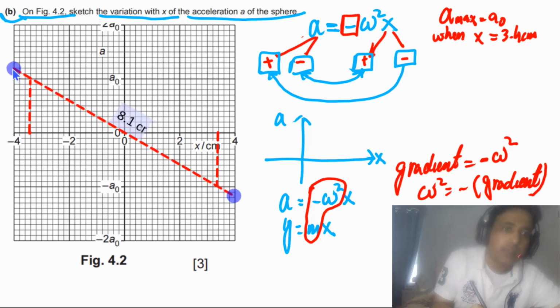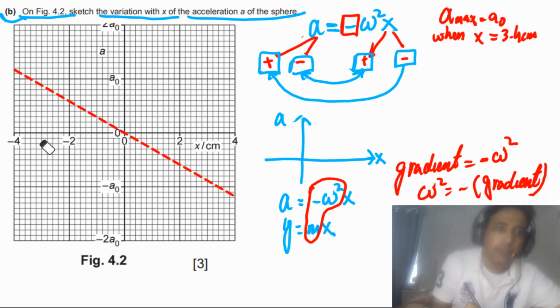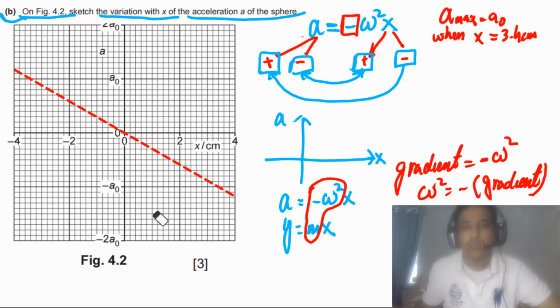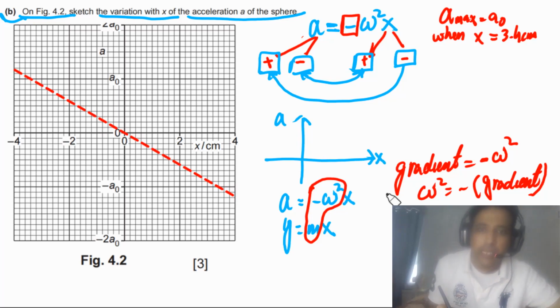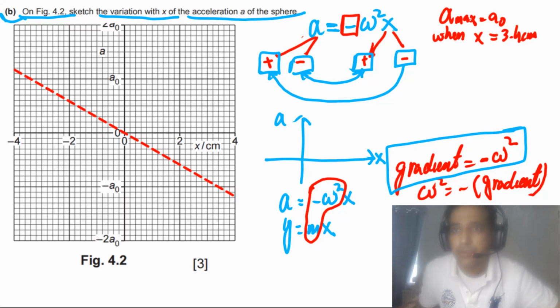We don't actually need these extra lines, so we can clear them. This is how you need to sketch the graph, and the gradient of this graph is equal to negative omega squared. Sometimes they will ask you to calculate omega squared. So this is how you can answer this question, a typical question on simple harmonic motion.